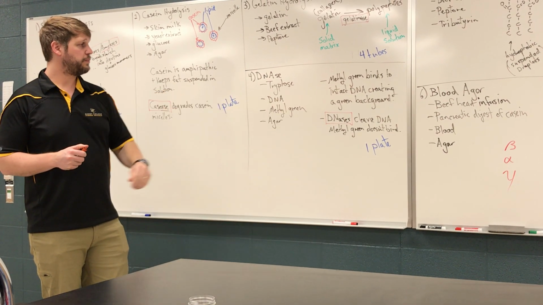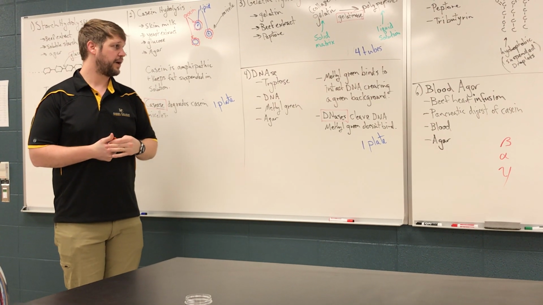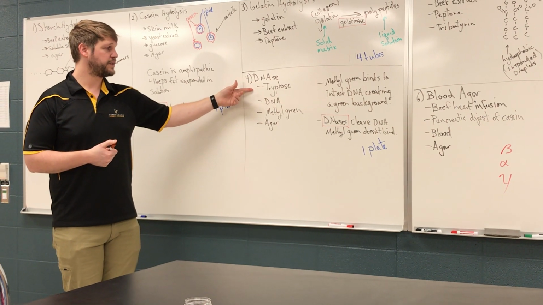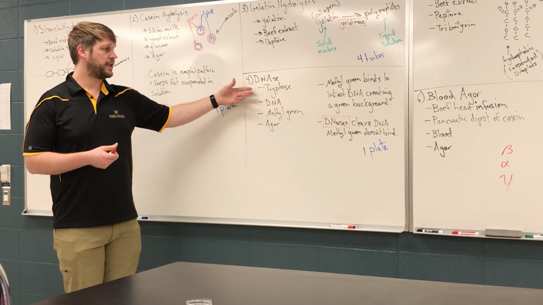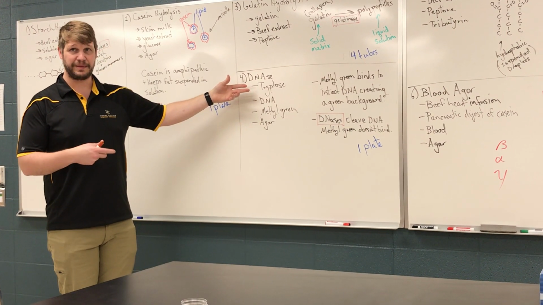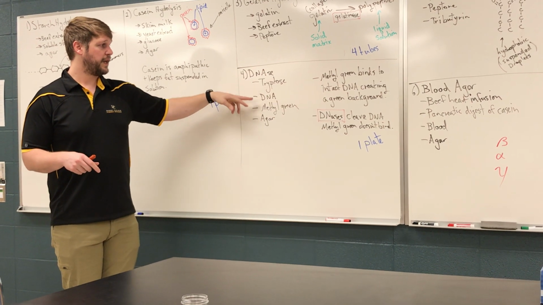The fourth media we'll be working with today is DNase agar, and this has a couple of components to it. It has some tryptose, which is digested using trypsin, a digestive enzyme in the stomach, to degrade a number of different things.